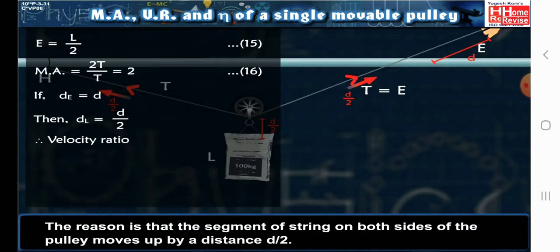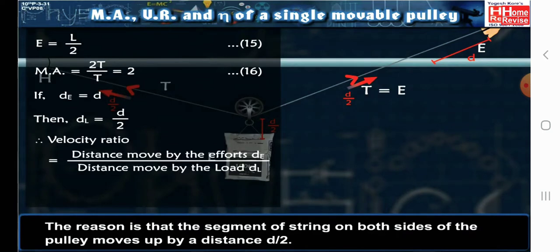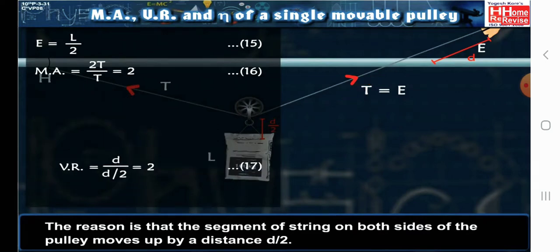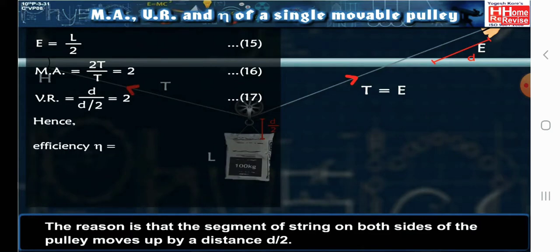Therefore, velocity ratio is equal to distance moved by the effort dE upon distance moved by the load dL, or VR is equal to d upon d by 2, which equals 2. Let this be equation 17. Hence, efficiency eta is equal to MA upon VR is equal to 2 upon 2, which equals 1 or 100%. Let this be equation 18.